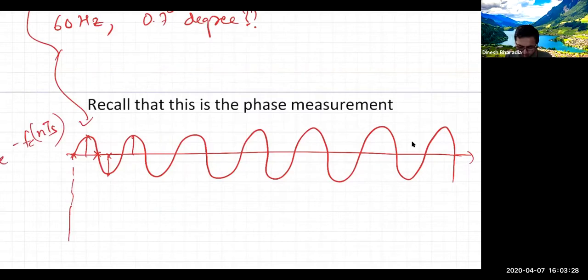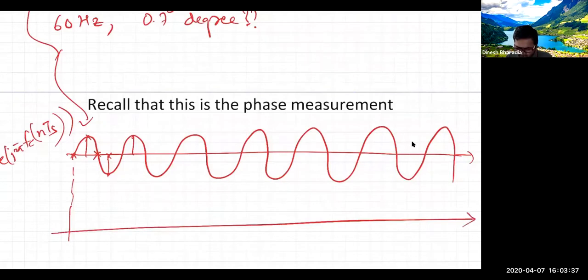Similarly, if this is negative, the y of t minus tau, or y of t signal, will be something like this. It would start, let's say, with a delay of this, or somewhere between here. Now, this.